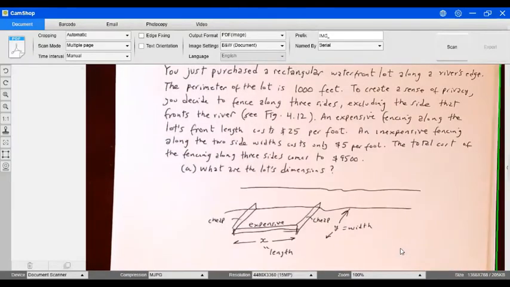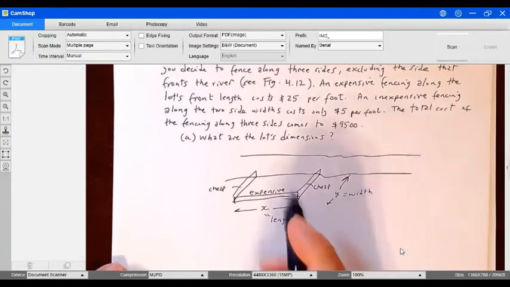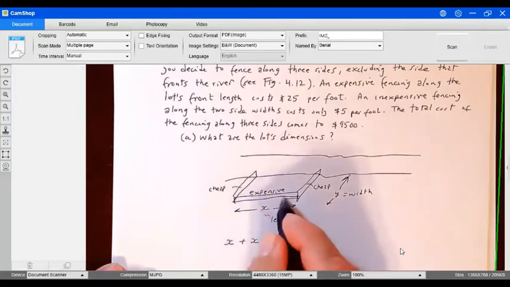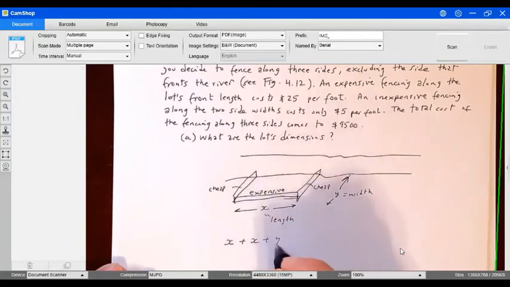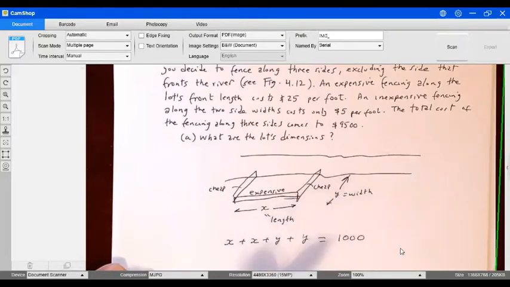You know that the perimeter is just the sum of the 4 sides, so we need to add x plus x, plus y, plus y, and this is going to be the perimeter, which is just 1,000 feet. That's the first equation to consider, the perimeter of the lot.